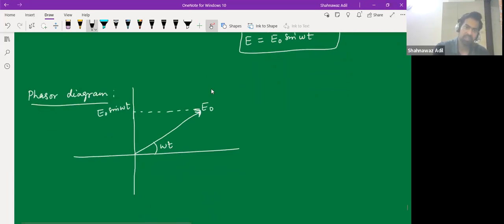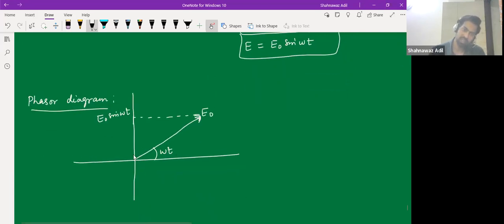Now, as we can see, the phase difference is pi by 2 and current is ahead. So if this is the voltage, then current is ahead, right? And this angle is 90.